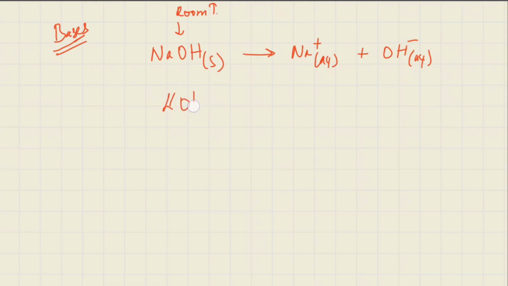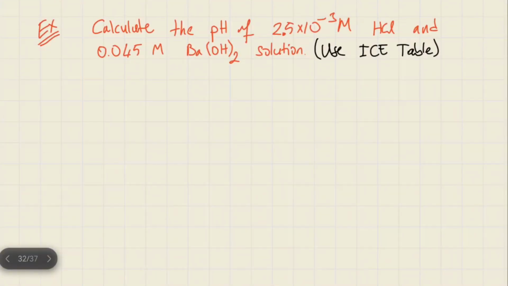And potassium hydroxide is also a strong base. It creates potassium ions and the OH- ions in water, and they completely ionize. So when it completely ionizes, it creates lots of ions.